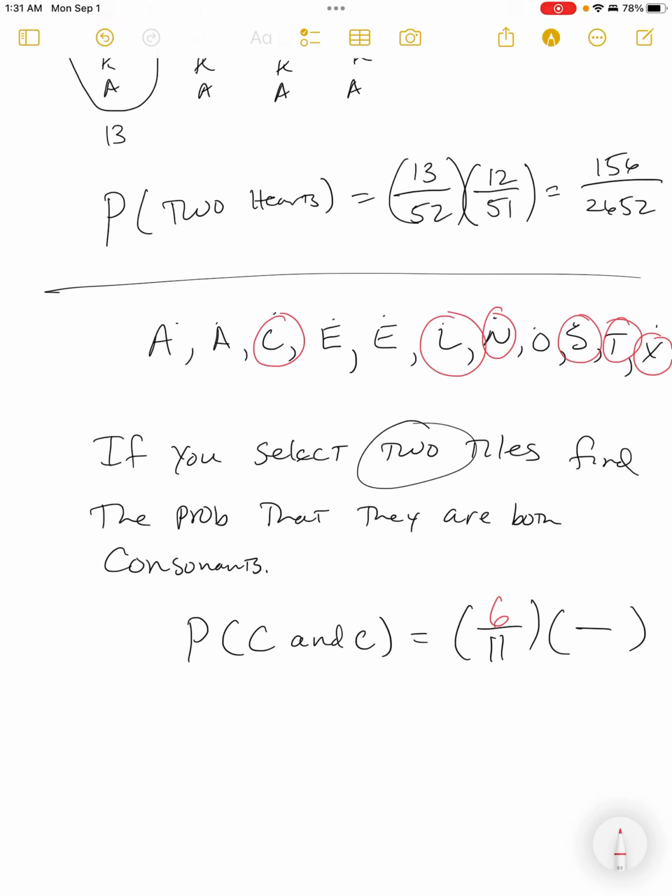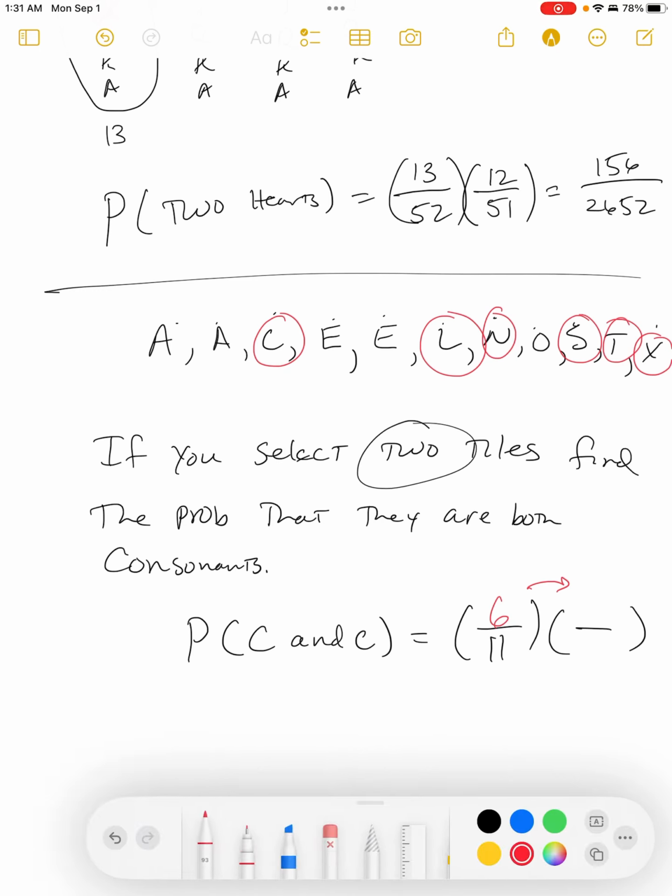Now, it didn't say to replace the tile. So you'll read sometimes they say, hey, with replacement. If it says with replacement, you look at that tile and then put it back. So your fraction would stay exactly the same. But in this case, we lost a consonant.